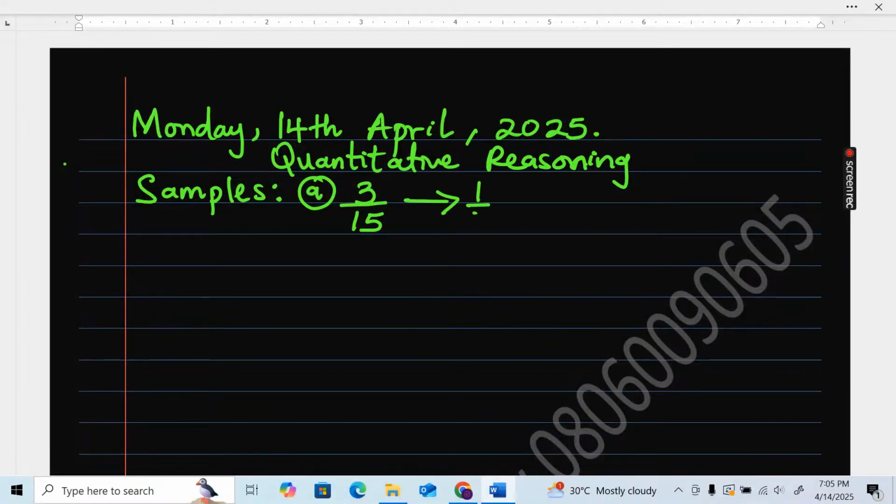So this is the first sample: 3/15 with an arrow to the right, showing us 1/5. Sample B is the second sample: 4/8 with an arrow to the right side, showing us 1/2.